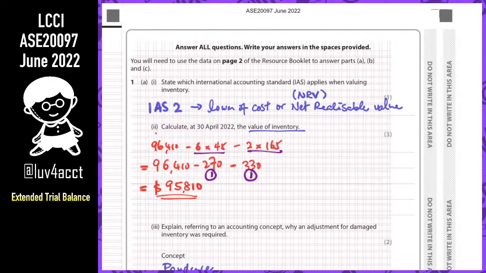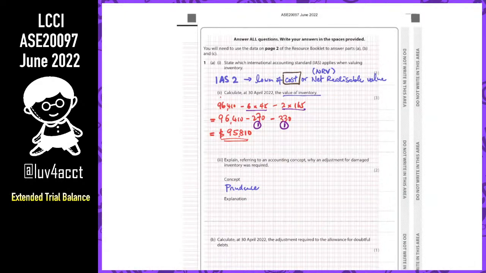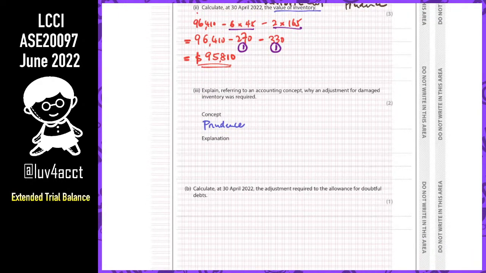We also have 2 important accounting concepts here. Usually goods will be valued at cost, because of the historic cost concept. But when we have impairment, then we have to look at net realizable value. That is the prudence concept, the impairment test. So the explanation for prudence.